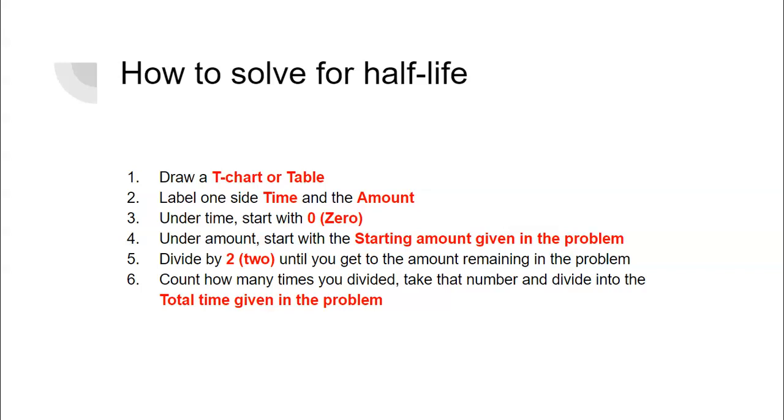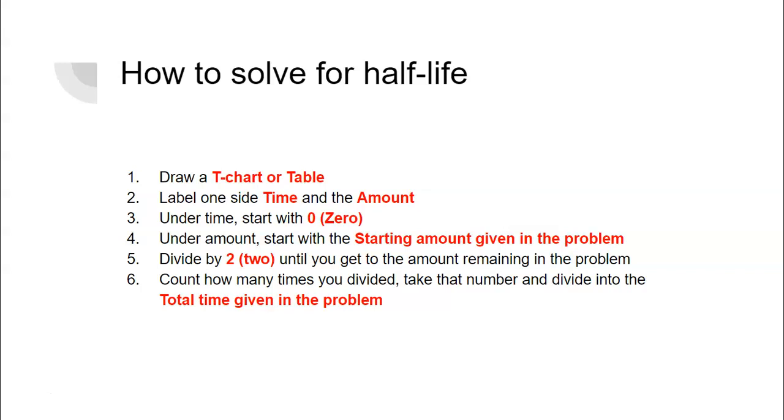Then, once you get to the amount, you count how many times you have divided. So how many times have you divided by 2? Okay, so if you divide by 2 by 3 times, then that's how many half-lives you've gone through. You've gone through 3. If you divide by the number 2 6 times, you've gone through 6 half-lives.